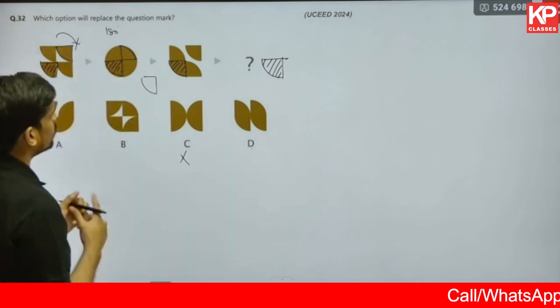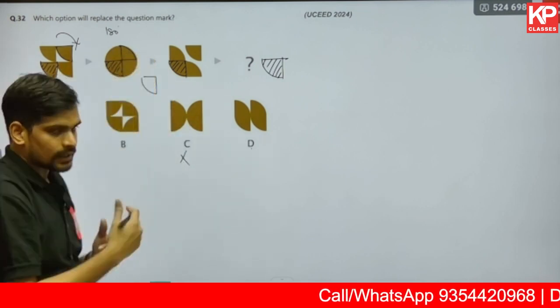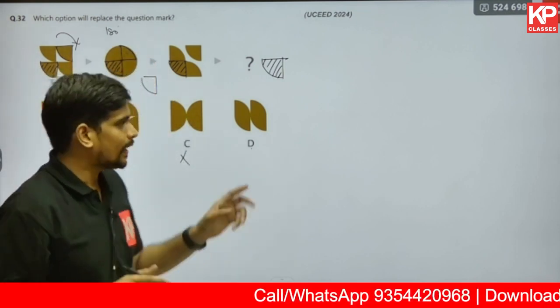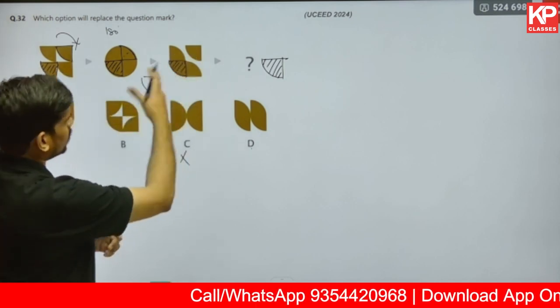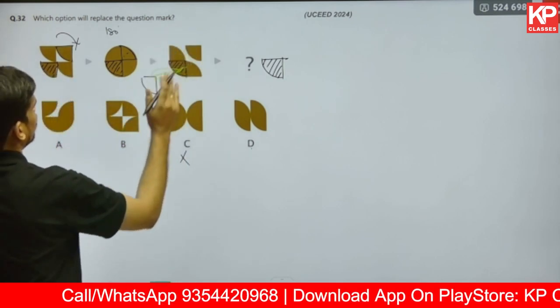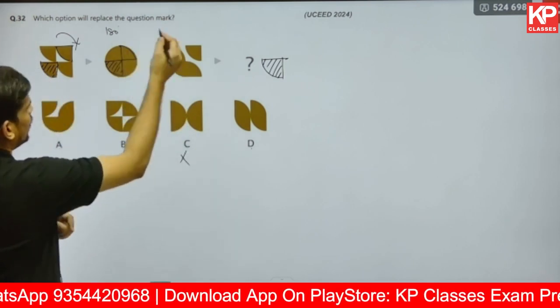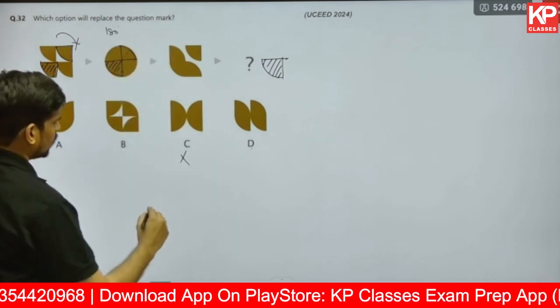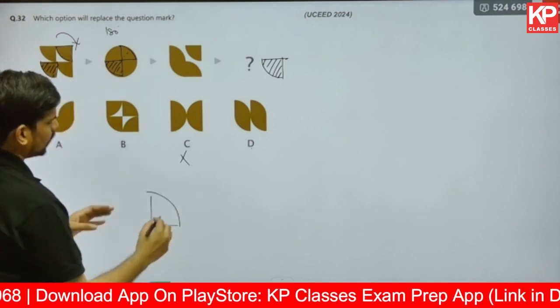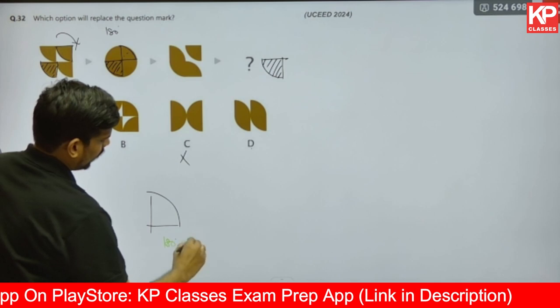Let us look for the proof of concept now. If I'm flipping this or rotating it by 180 degrees, am I getting the next one? So this object is mainly given for proof of concept. Let us see if that's the correct change which we have observed. 180-degree clockwise rotation. So this particular quarter circle, I'll need to rotate by 180 degrees clockwise.